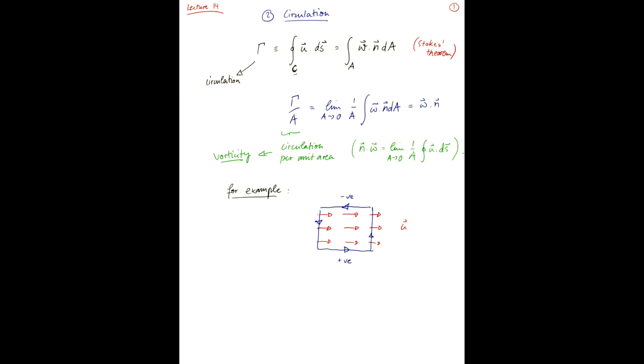So for the top line here, this integral will be u dot n, which is going to be minus the magnitude of u, and I should say here this is a constant magnitude unidirectional flow.